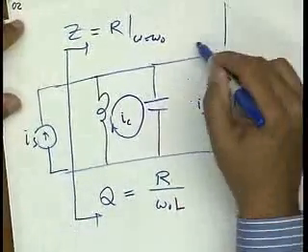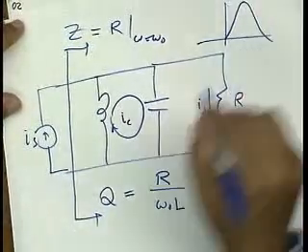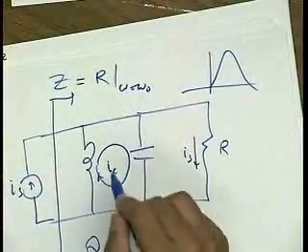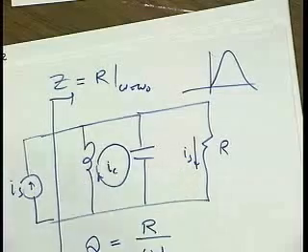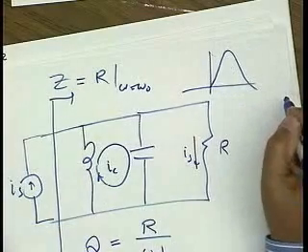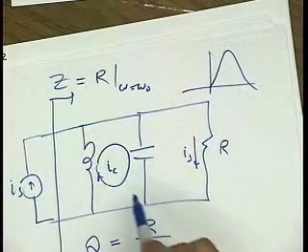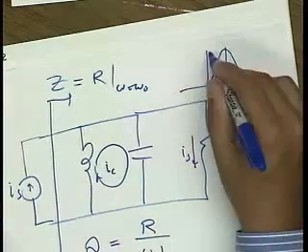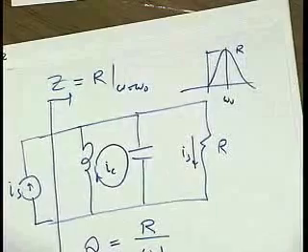So if I were to plot it, the impedance would look something like that, where it's zero at zero, because this inductor shorts the source at low frequency, and it goes back down to zero at high frequency, because this capacitor shorts at high frequency, and at resonance, omega naught, it's exactly equal to R.